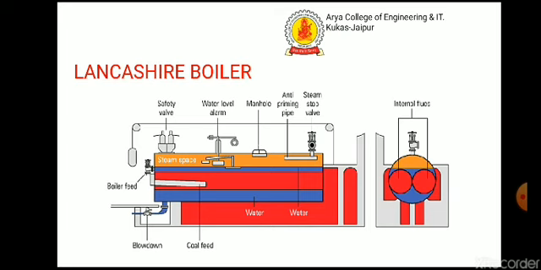Feed check valve. It stops and allows the flow of water inside the boiler. Blow off valve, blow down. Its function is to remove the salt and other impurities, and it is located at the bottom of the boiler.